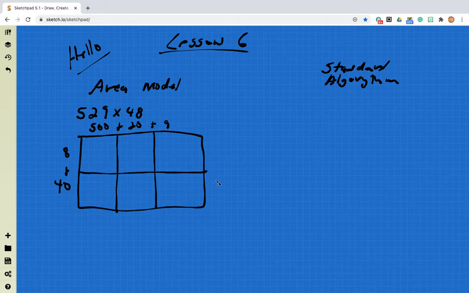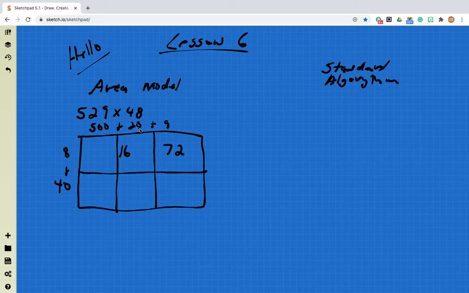Now, let's go ahead and multiply. 8 times 9. Oh, geez, the 9s, right? Well, 8 times 9 is 72, unless I'm mistaken. And then we're going to do 8 times 20, or 8 times 2 tens. Now, 8 times 2 is 16.